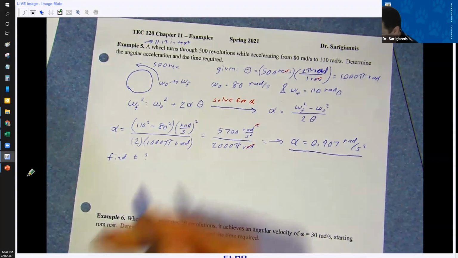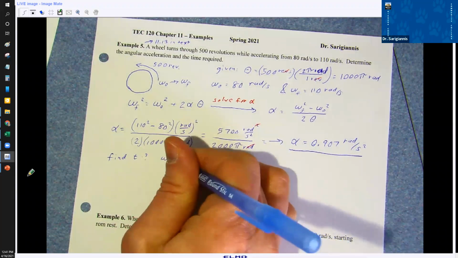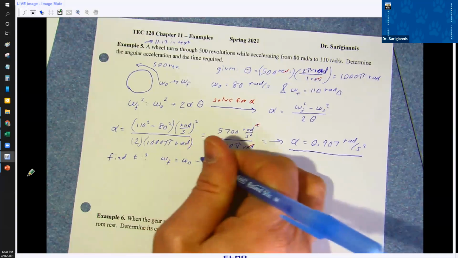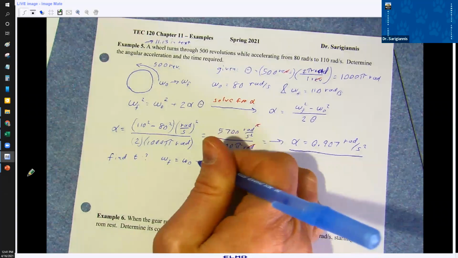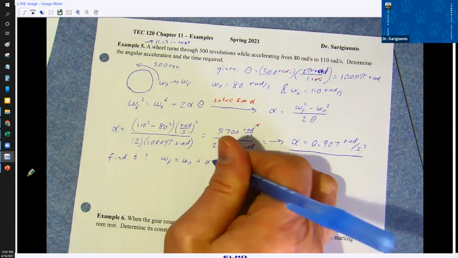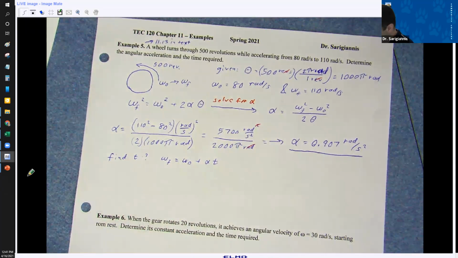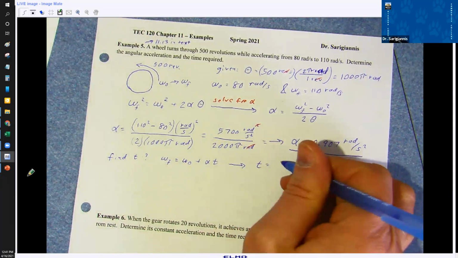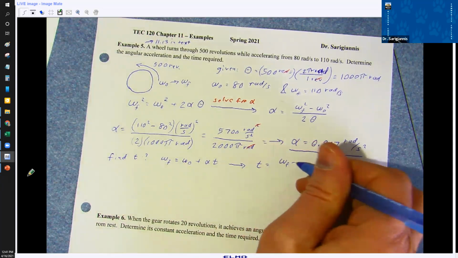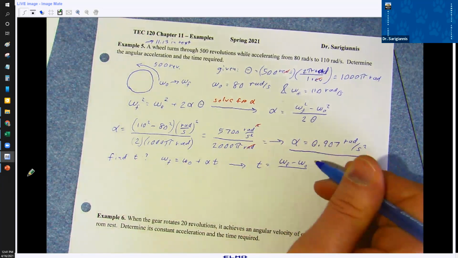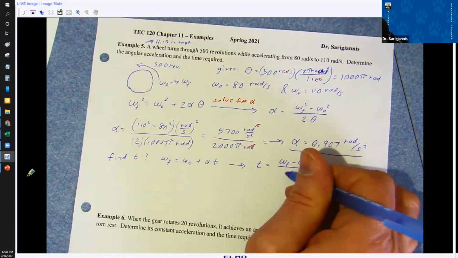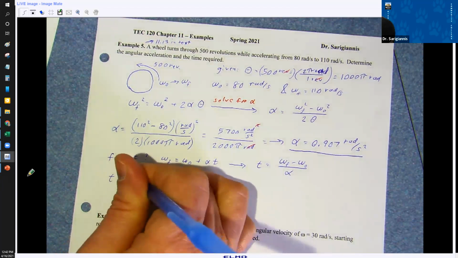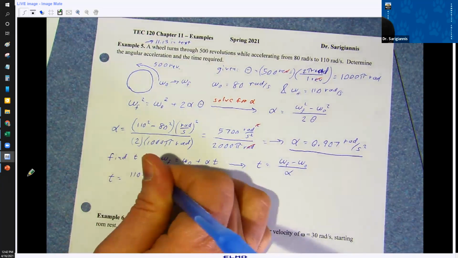Oh, you know what? I should have written it down. Plus alpha t. We get omega final minus omega initial over alpha. 110 minus 80.